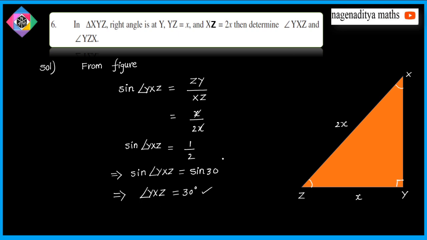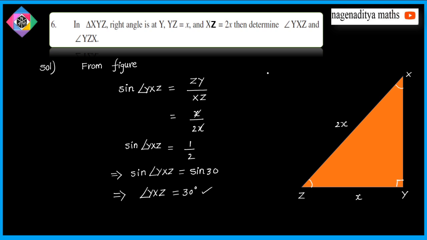Second, what we have to find is angle YZX. So we have to find this angle. This X is the adjacent side and this 2X is the hypotenuse, so the relation is cos theta.